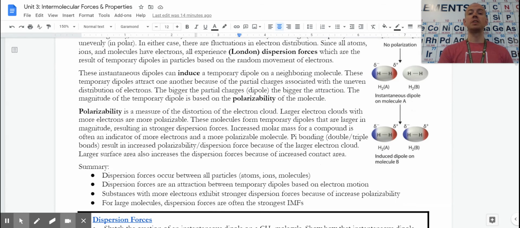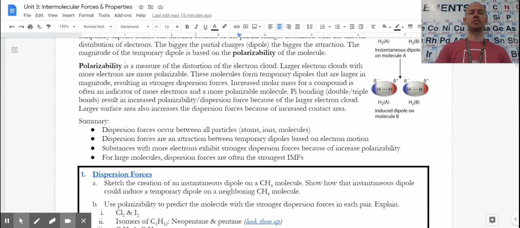A lot of times you're encouraged, either by me, by the notes, by a question, or even by a textbook, to look at molar mass. Molar mass and mass is not polarizability, but bigger molar mass means molecules with more protons and electrons. So the more electrons we have with a bigger molecule, the more polarizable it is. Double and triple bonds also make it more polarizable, and the more surface area you have, the more polarizable it can be.